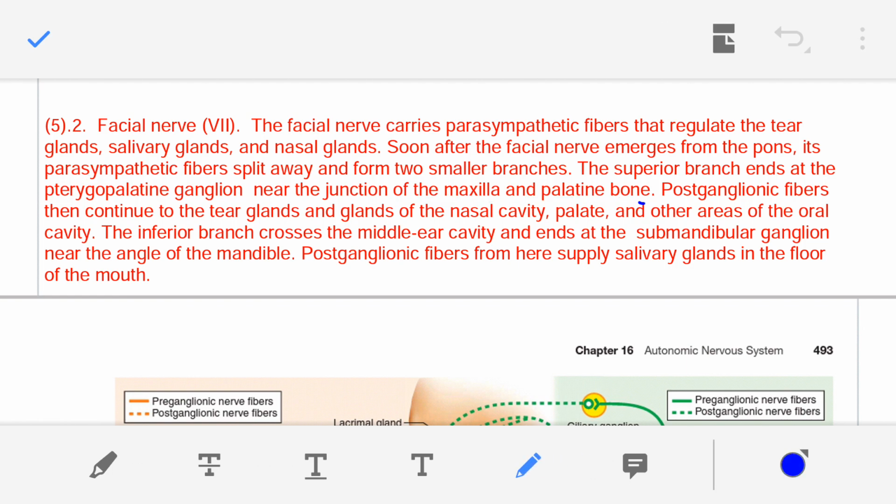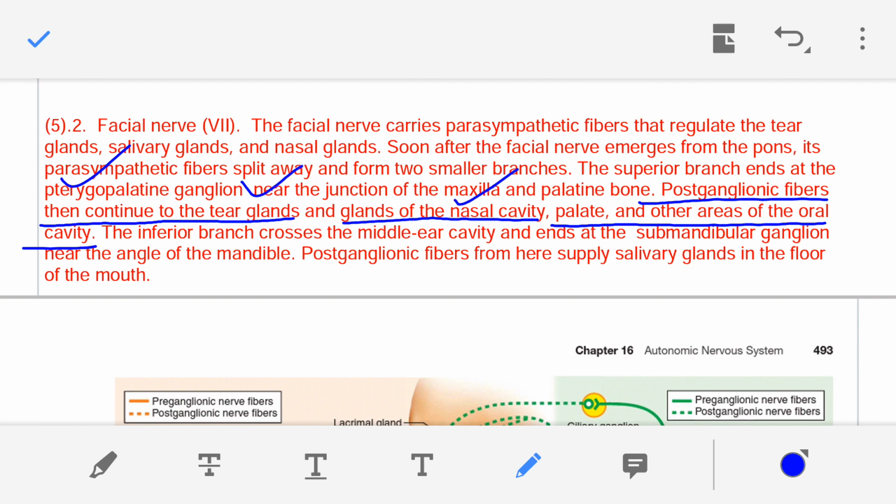Now postganglionic fibers then continue to the tear gland and glands of the nasal cavity, palate and other areas of the oral cavity. So the postganglionic fibers after the ganglion reach the tear gland, nasal cavity, palate and other areas of the oral cavity.